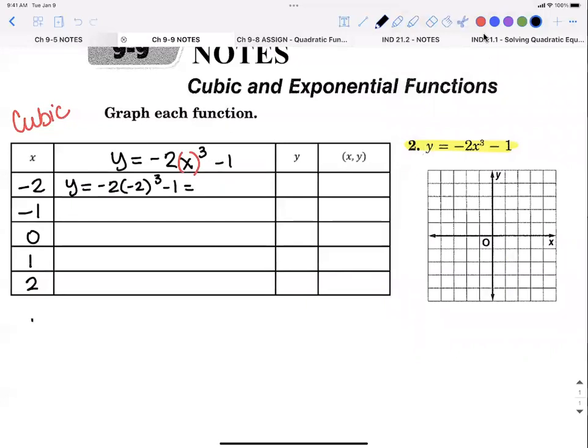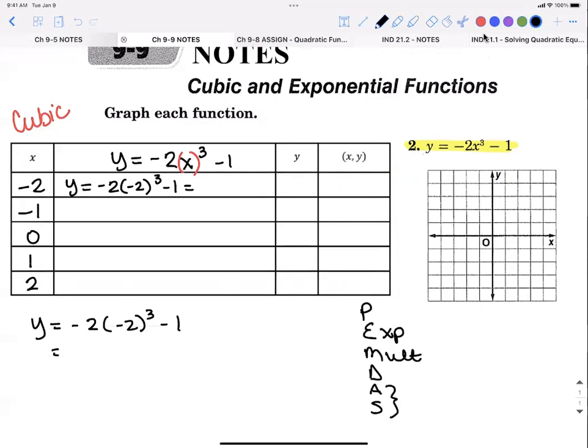I'm going to write it down here because these are a lot of steps. We are going to deal with the exponent first because PEMDAS says to. We're going to do exponents before we do multiplication. And then last, we're going to do this subtraction and addition.